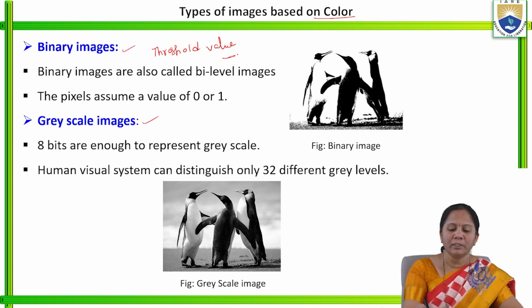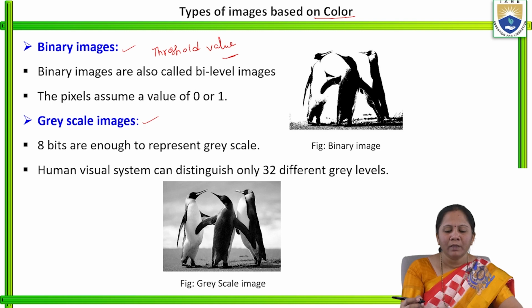For example, the pixel value available in the image is compared with the threshold value. If the pixel value is greater than the threshold value, then the value will be equal to 1. If the pixel value is less than the threshold value, then the value will be equal to 0.